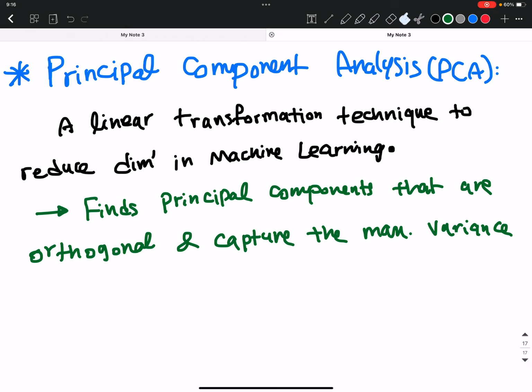Okay, so the way it works is as follows. Typically, what do we do? The general algorithm of PCA is as follows. So first, the first step is you center the data.